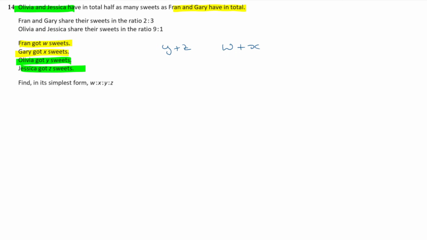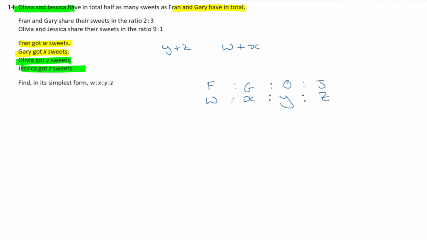I've got a feeling I'm just going to look at W to X to Y to Z and start putting some of this information in. So I know that Fran and Gary share their sweets in the ratio of 2 to 3. So Fran is W, so that's F. Gary is X. Y is Olivia, and Z is J. So F to G to O to J, isn't it?